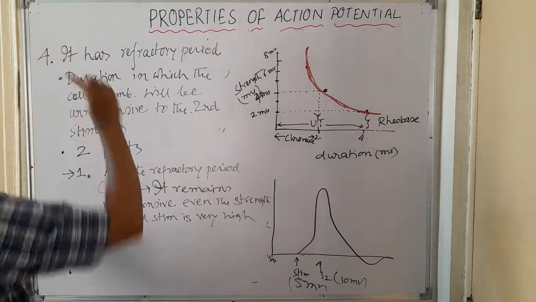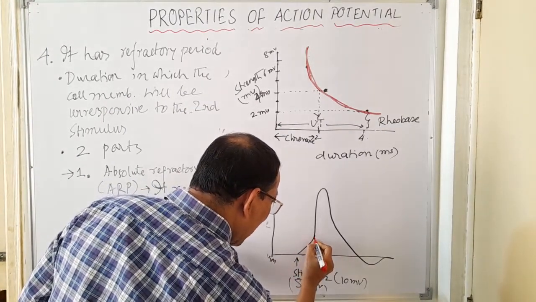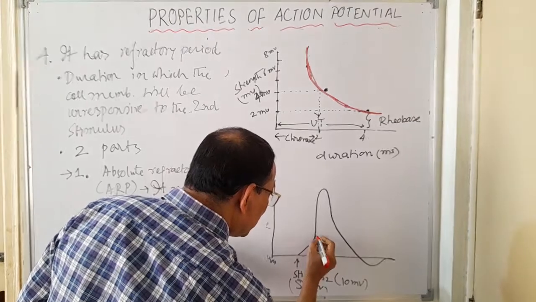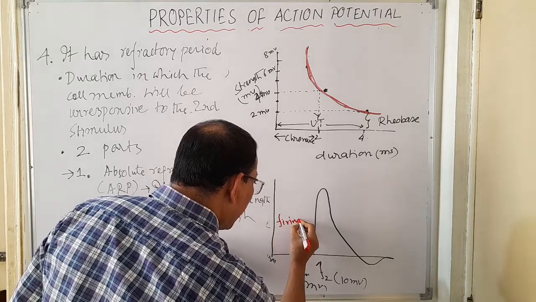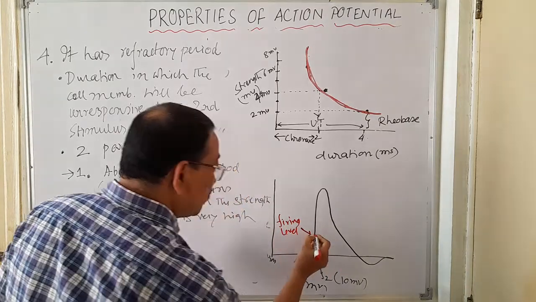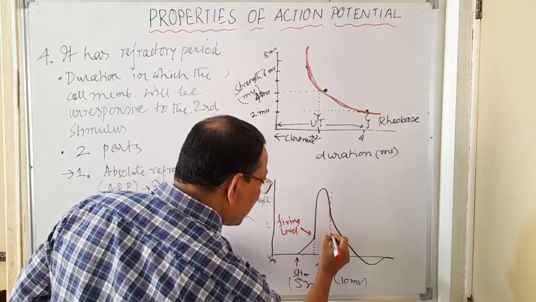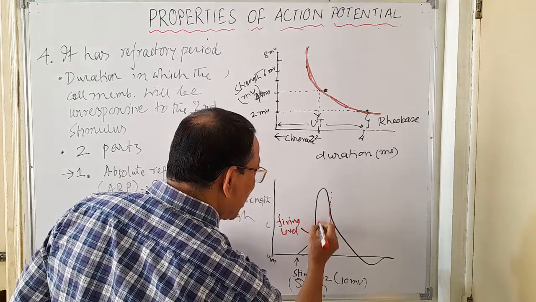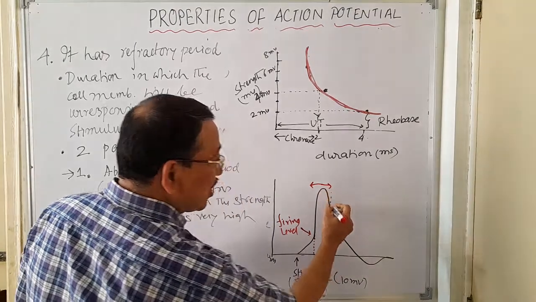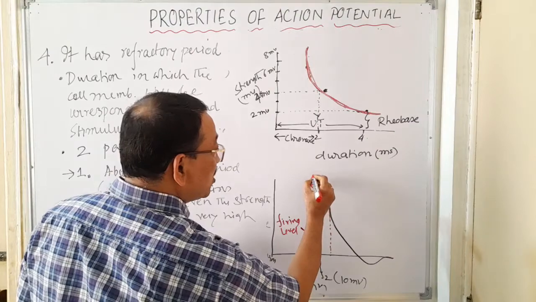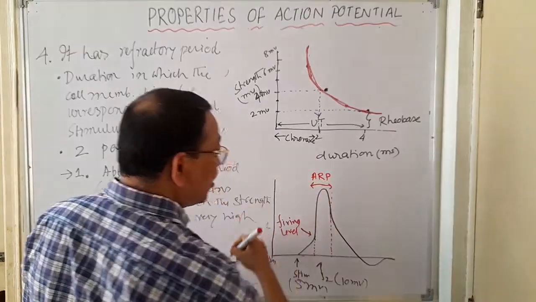And this period is from the firing level, or critical level, up to about 1/3 of rapid repolarization. This period is known as the absolute refractory period or ARP.